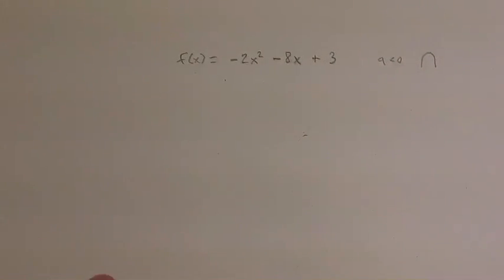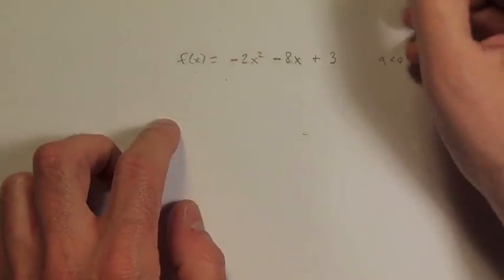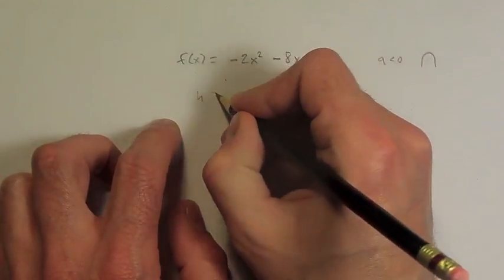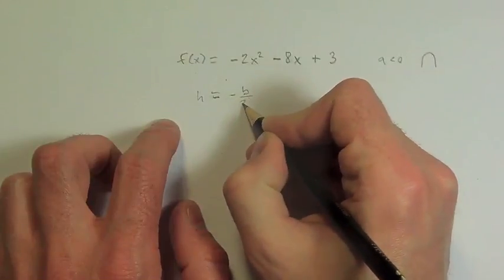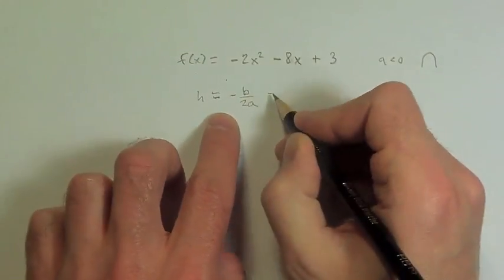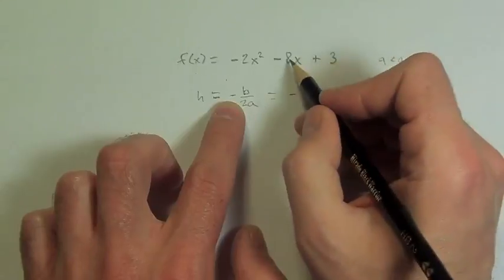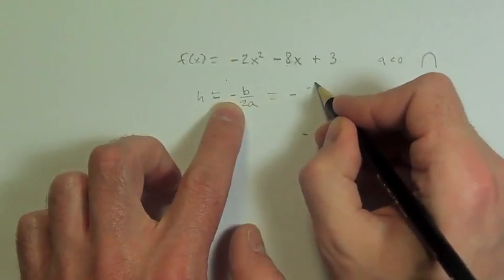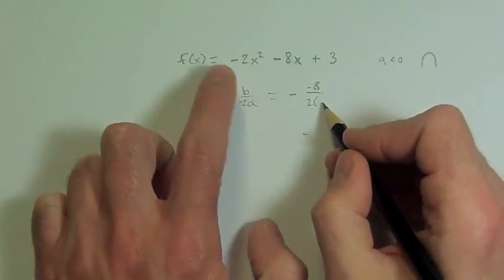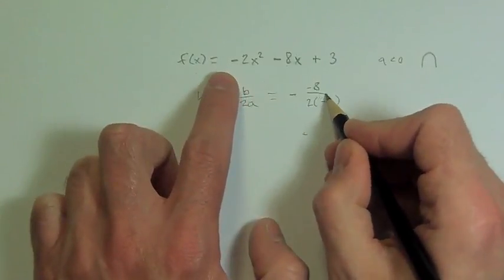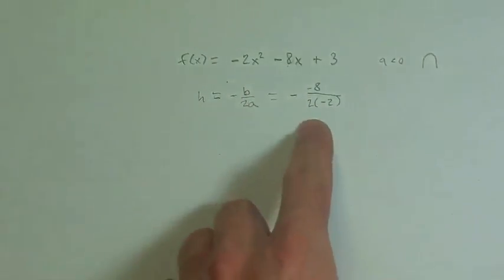Now let's find the vertex. Alright, so H is -b over 2a. Okay, so we'll leave the negative on the outside, but b is -8, and then 2 times a is a -2. So we have a lot of negative signs floating around here.